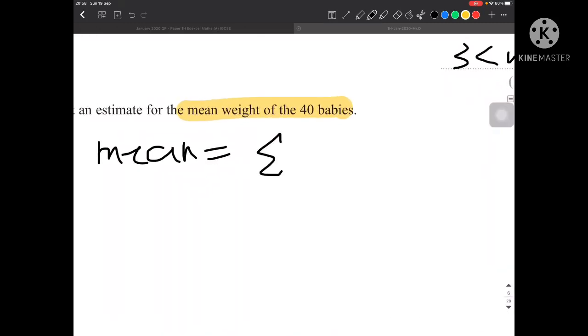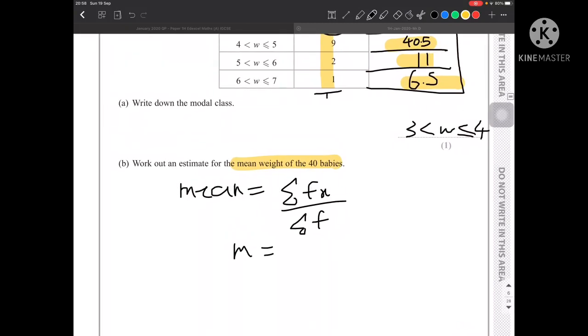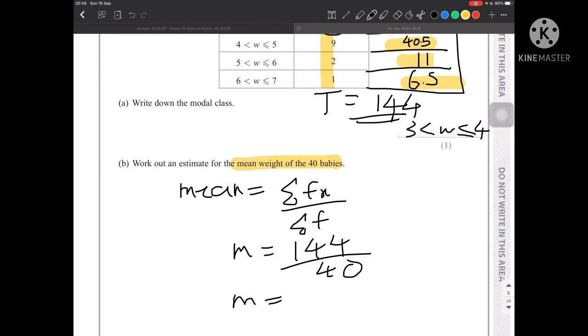equals sigma fx over sigma f, which mean denoted by m, is equal to the total in here would be 144 when you add all of them. So 144 divided by 40, which is 3.6, I guess.